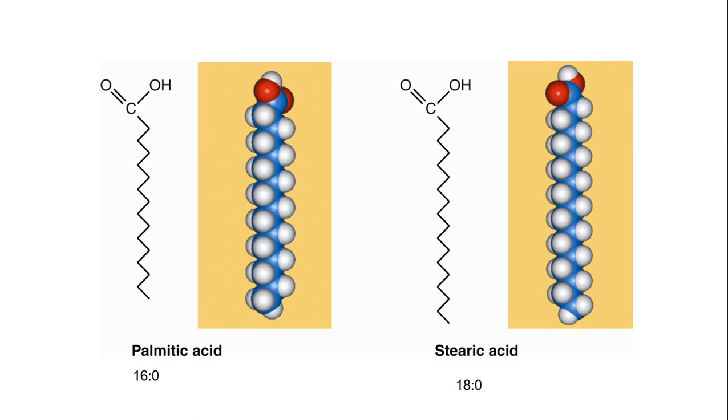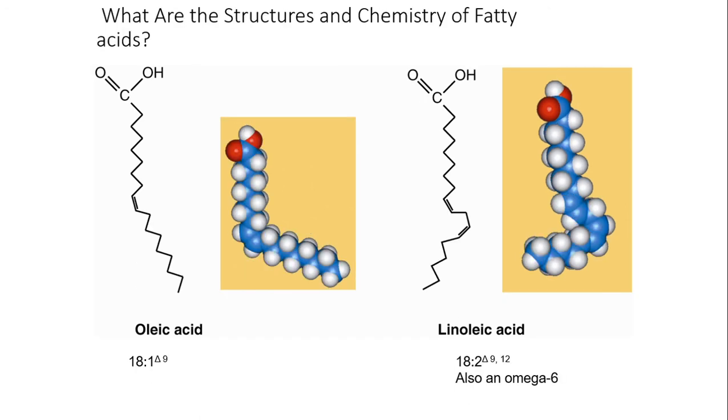These are solids at room temperature, and that is due to their ability to pack tightly together. These types of fatty acids would be found in lard or butter. So increased melting point because we have increased IMFs, or intermolecular forces, over that long chain.